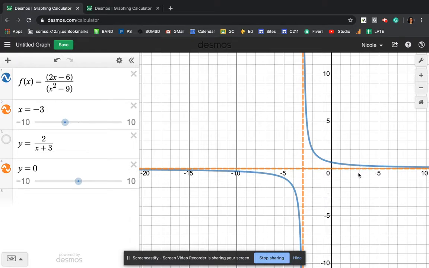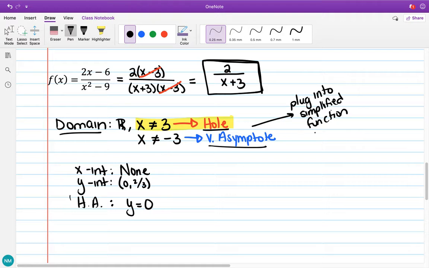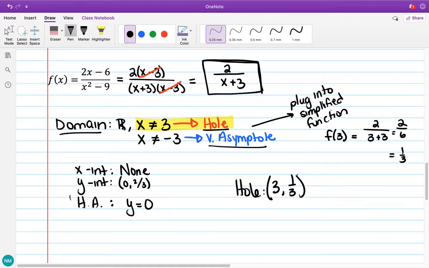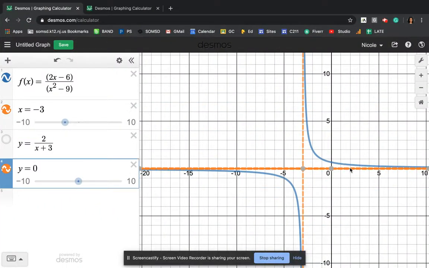So we just want to find the y value when given the x. So I'm going to plug in f of 3, and so I'm going to do 2 over 3 plus 3, which is 2 over 6, which is equal to 1/3. So the hole is at 3, 1/3.